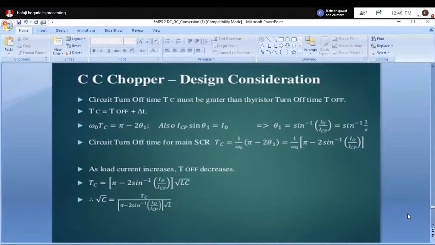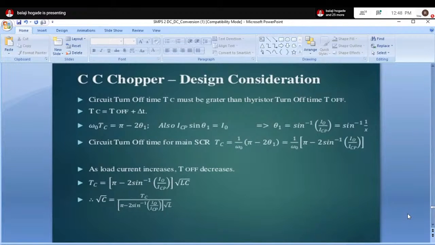We need to provide a circuit turn off time greater than the turn off time of the SCR mentioned in the data sheet. If the turn off time of the SCR is 5 microseconds, then you need to keep the circuit turn off time 7-8 microseconds, so that there will be proper turn off of the SCR.